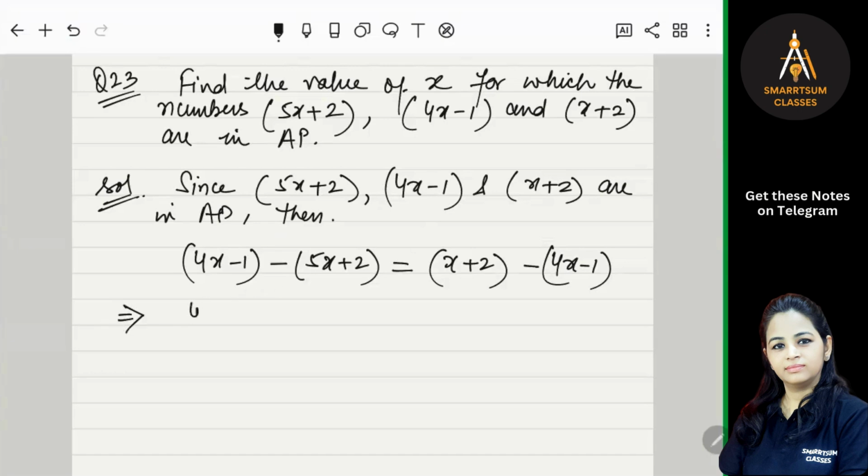Okay. So what you're getting? 4x minus 5x minus 1 minus 2. Just open it. This is equal to x minus 4x plus 2 plus 1.